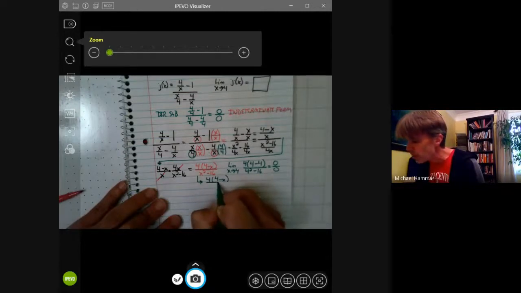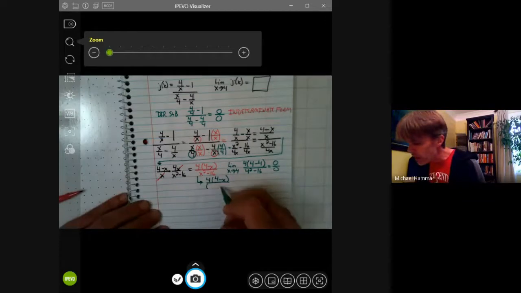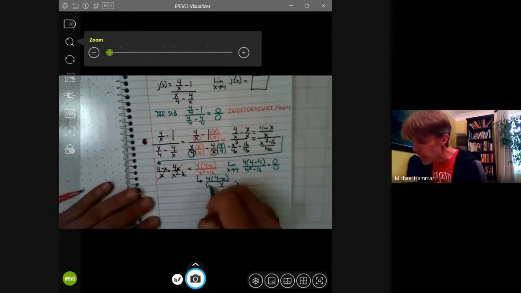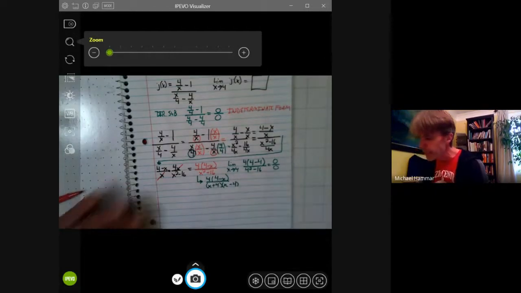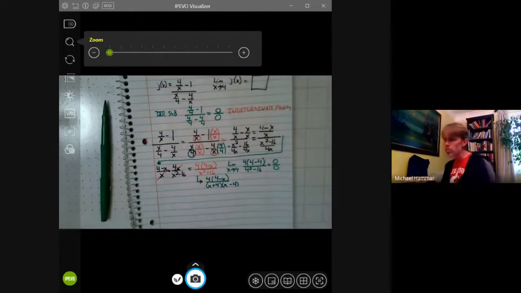Notice I'm not multiplying anything together just yet, because I'm thinking something's going to kind of factor out. So this is going to be x, and then we have plus 4 and minus 4. Remember, we have the difference of perfect squares.